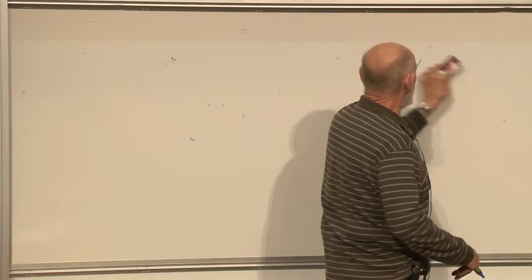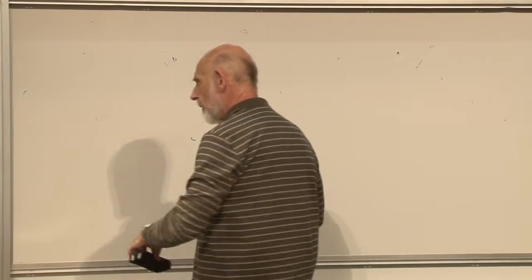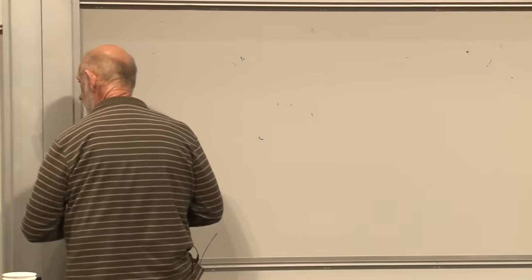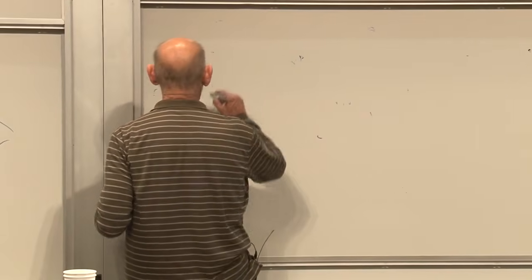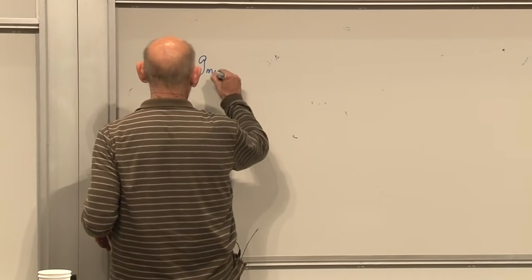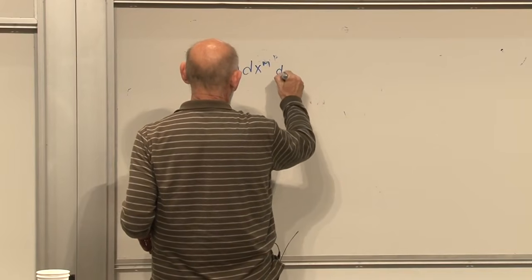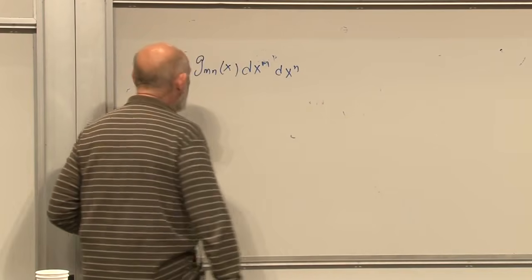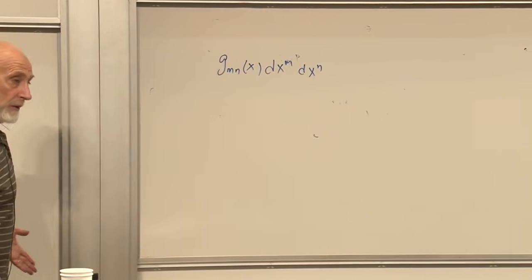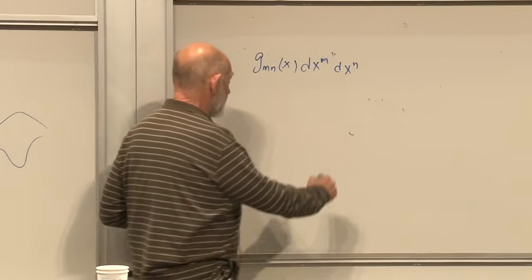All right, so the squared length of the little dx vector, I'll write it again, is g_mn(x) dx^m dx^n. But now let's go to the y coordinates, the primed coordinates.